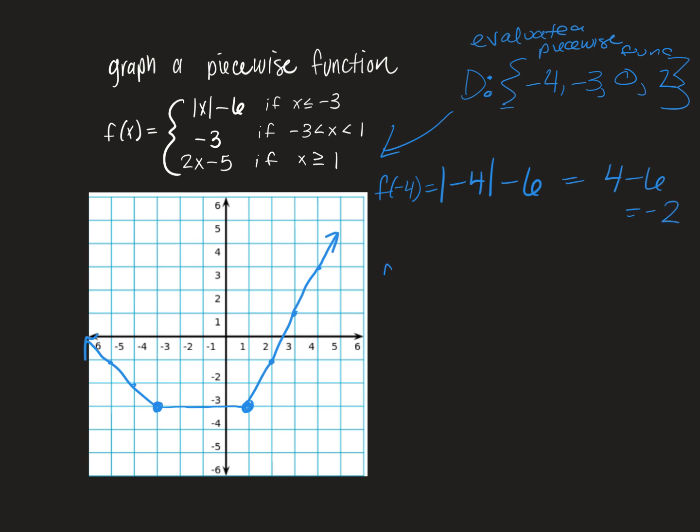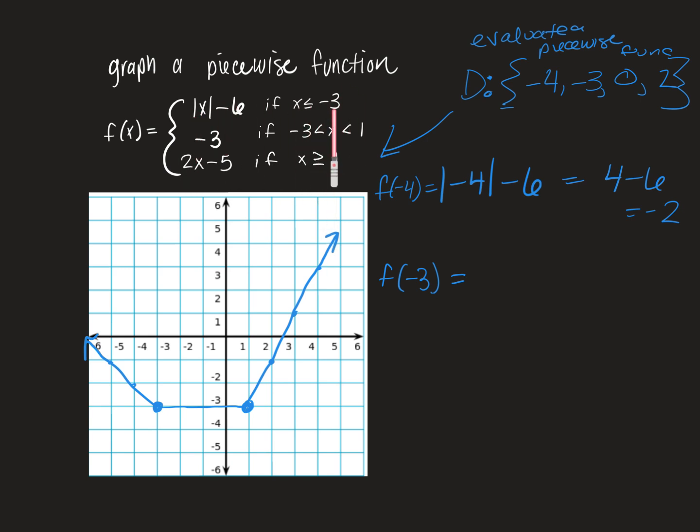And then you do the function value at -3. So when x is -3, what do I plug it into? -3 is less than or equal to -3, so I still plug it into this one.